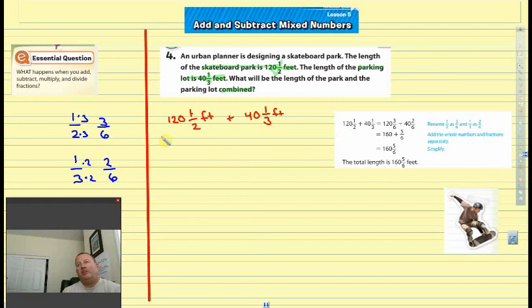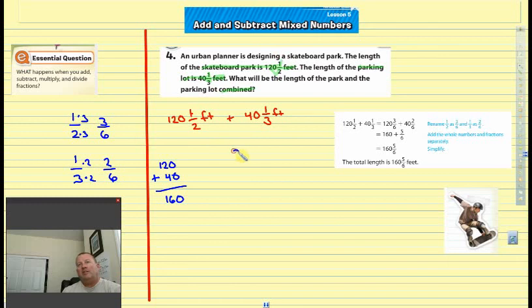Okay, so what you're going to do is you're going to add everything up. Take your wholes out. You got 120 plus 40. Do the easy part first. You know you're going to get really close when you just add the wholes up. And this should give you 160 feet. Now you just have to add in that little extra fraction.